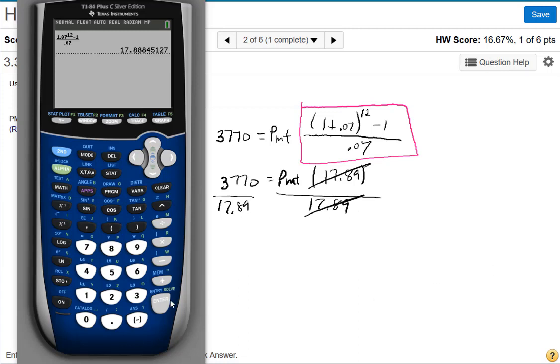On the calculator, we will do 37.70 divided by, and again we do not want to type 17.89, we want that entire number, which we get by doing second ANS, and there's our final answer, and we can round that to 2 decimal places.